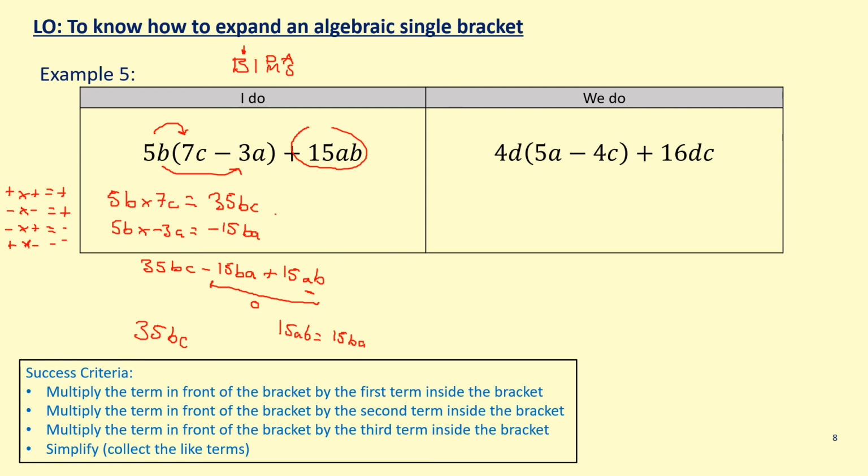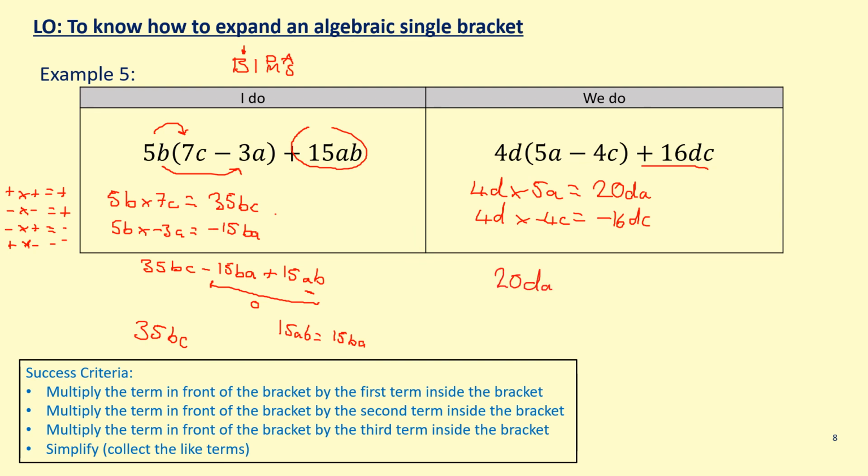First step in this question is to expand our brackets. So we would have done 4d times 5a to get 20dA, and then 4d times minus 4c to get minus 16dc, and then notice this here, we've got add 16dc.